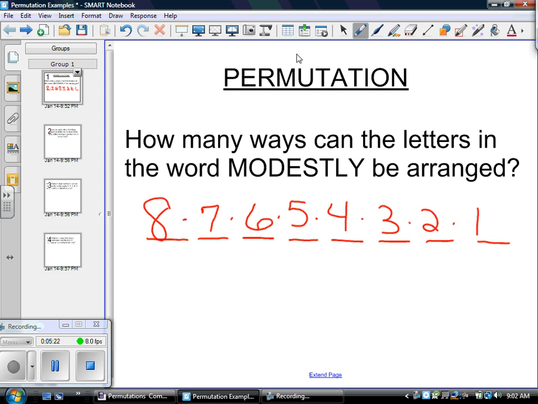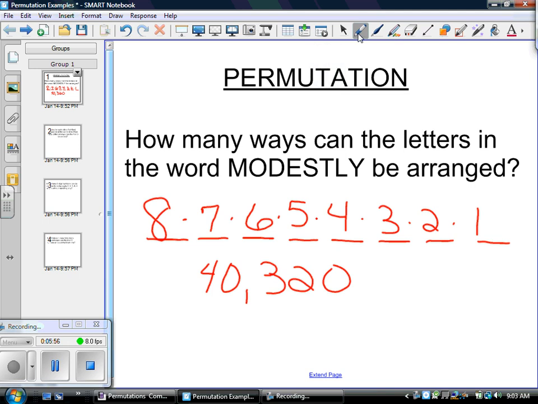If I was to multiply this, we would end up with the answer of 40,320 if we multiplied this out.